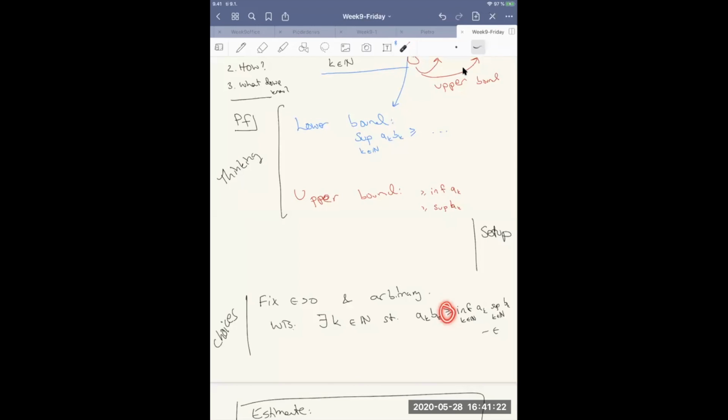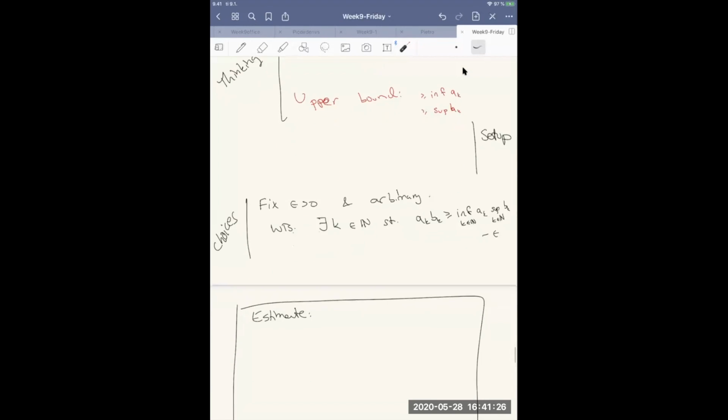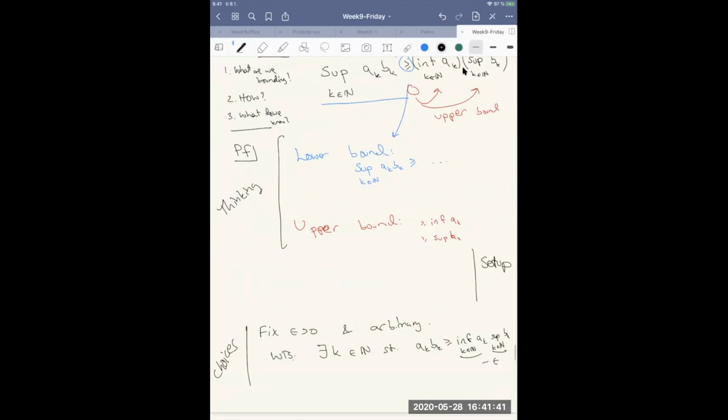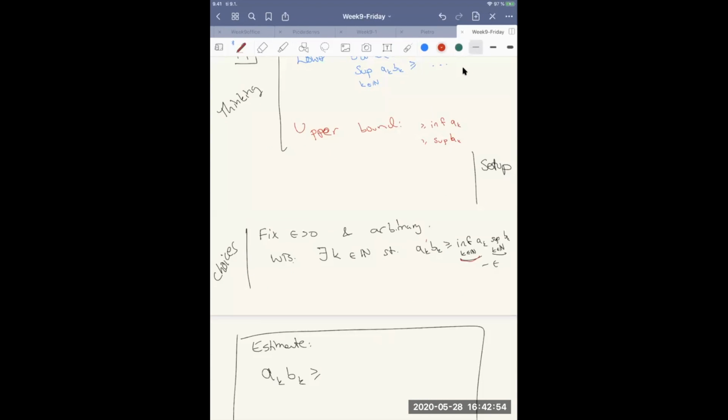Well, let's look at now this bound. We have to choose this k wisely. So let's look at this estimate now. We want to estimate a_k b_k from below by things like this. Here it's useful to know that we're also working with an upper bound for inf and an upper bound for sup. And we wanted to use something in terms of a_k.